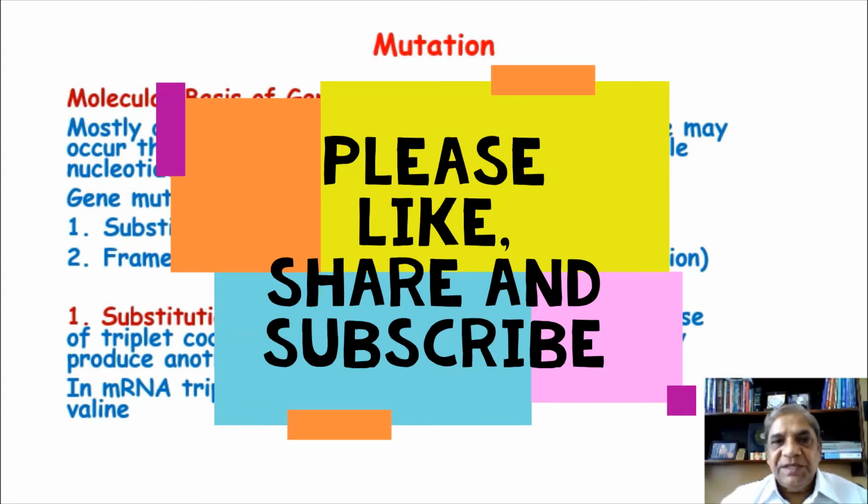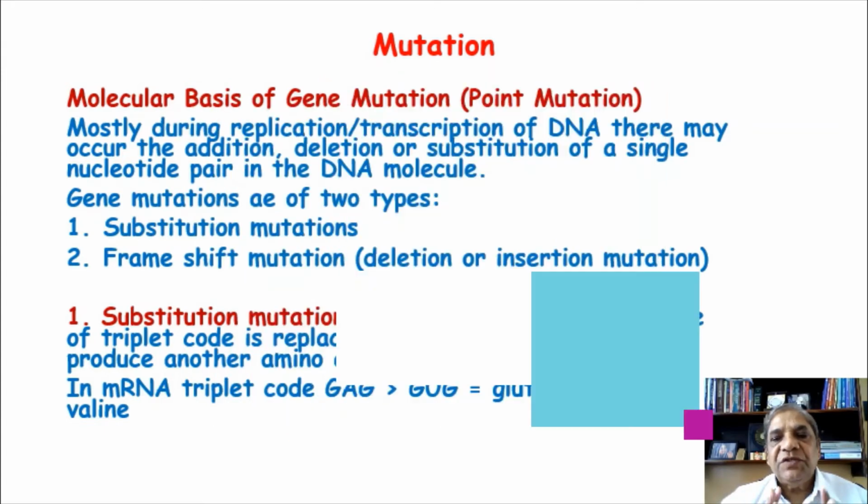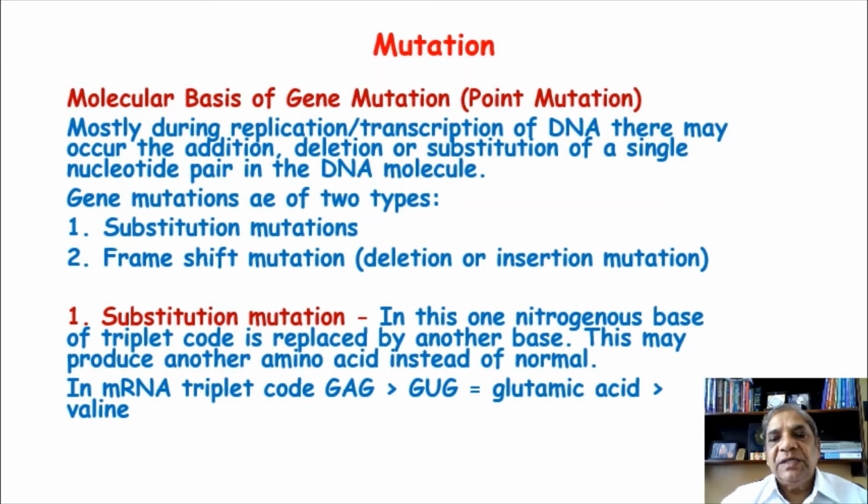What is replication and transcription? Transcription is when the double-stranded DNA molecule separates, and against the single strand of DNA a new strand is formed where the message is sent. This message goes outside in the form of messenger RNA. That is transcription.